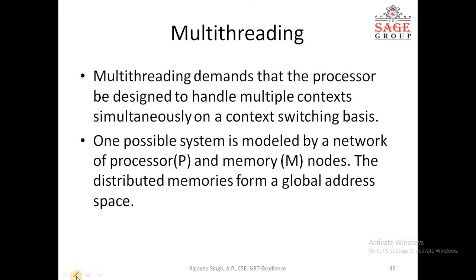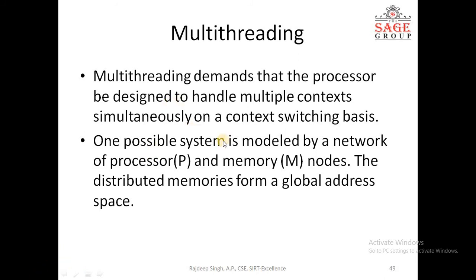What we get a look of in the system is that only one thread or one instance of the program is running, but there are multiple threads, which gives us the feel that they are executing simultaneously, but they are being executed on a context switching basis.